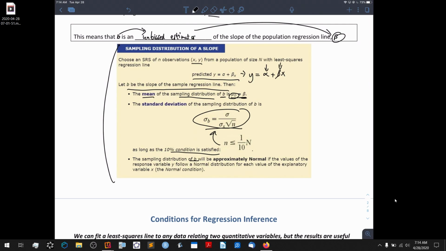Now, this is a hard condition to meet here: if the values of the response variable y follow a normal distribution for each value of the explanatory variable x. So this is the normal condition for the sampling distribution of a sample slope.